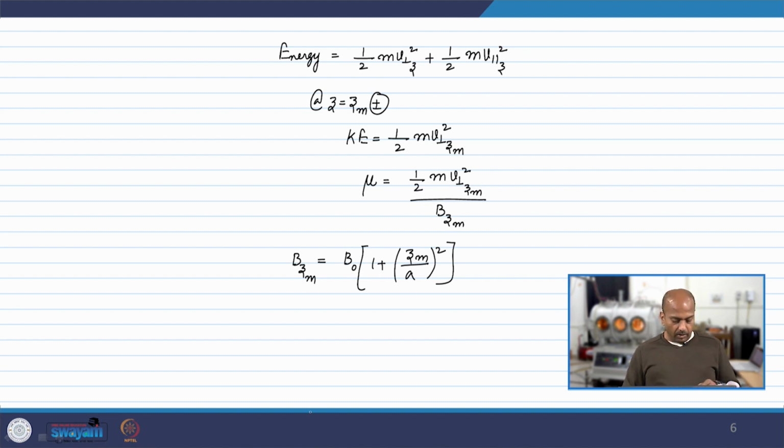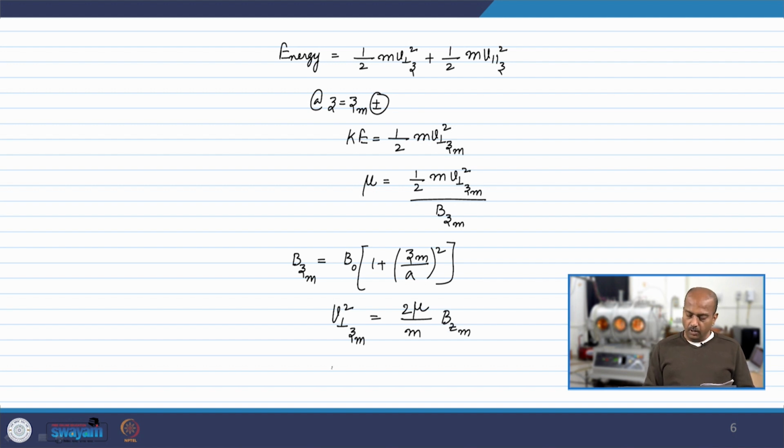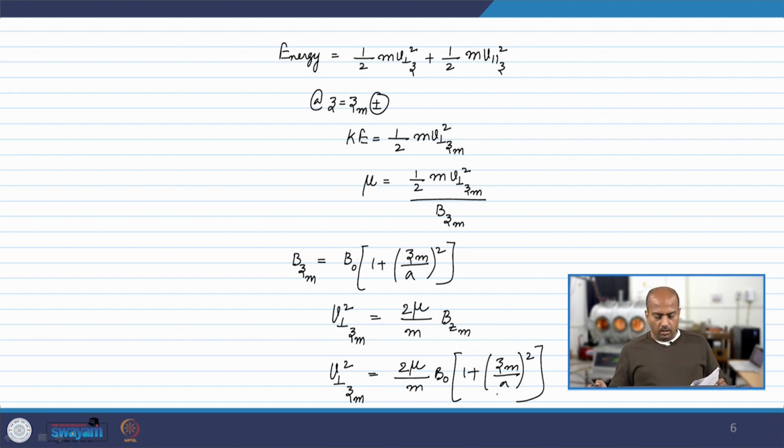So from the first formula, v perpendicular zm squared is equal to 2 mu by m B zm, or v perpendicular zm squared is 2 mu by m times B naught times (1 plus (zm by a) squared). Same thing actually.